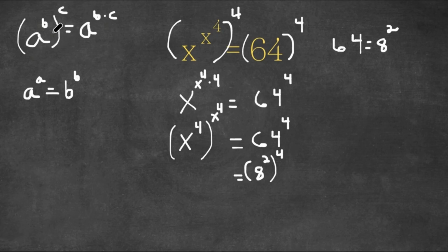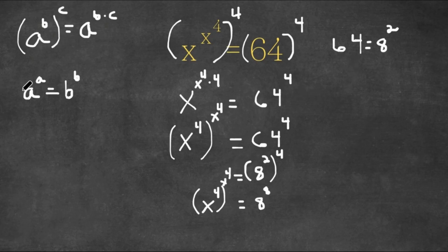And we're going to use the same property, a to the power of b to the power of c equals a to the power of b times c. So 8 to the power of 2 to the power of 4 would equal 8 to the power of 2 times 4, which is 8. And we still have x to the power of 4 to the power of x to the power of 4.